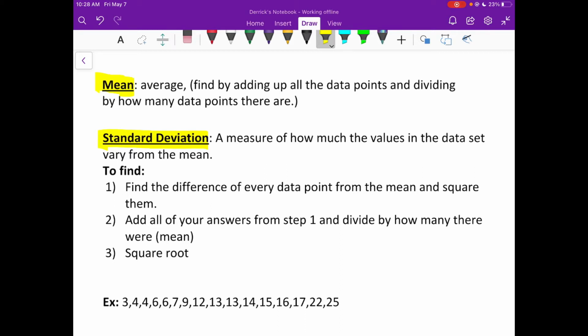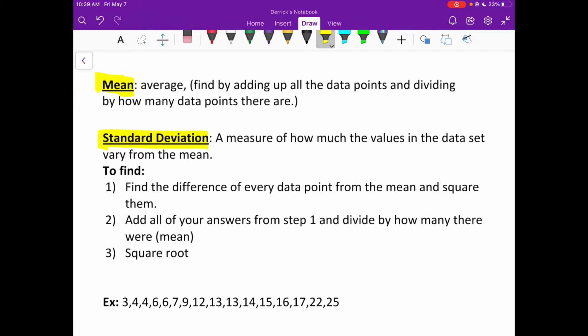In order to calculate your standard deviation, you basically have three steps here, which you can see on the screen. The first thing you're going to do, and I will say this is a bit of a long process, but step one is you want to find the difference between every data point and the mean. So you want to take the mean minus the data point.